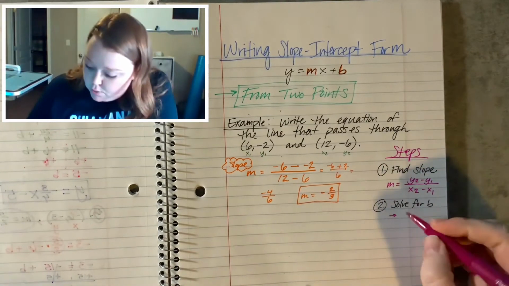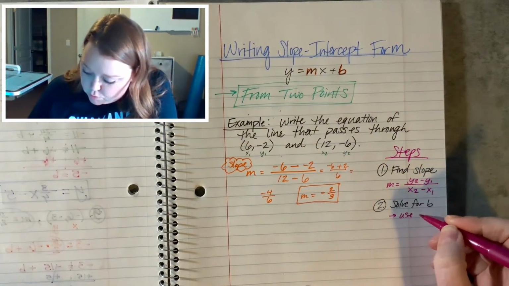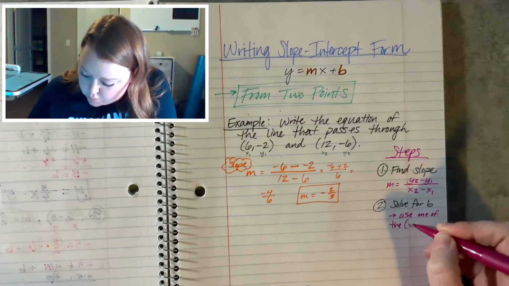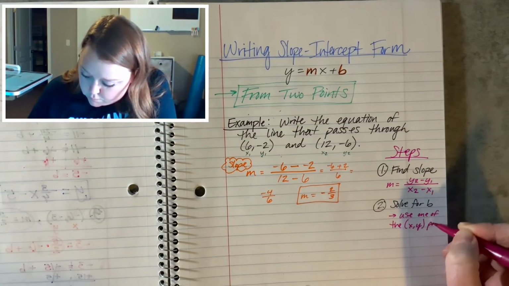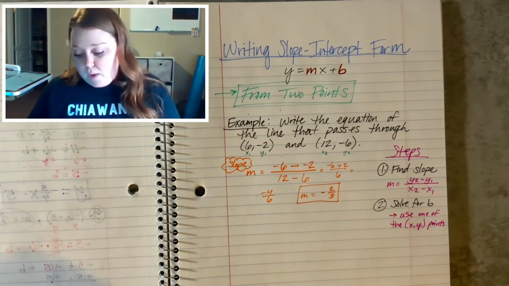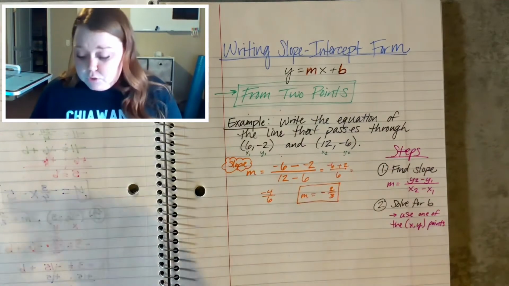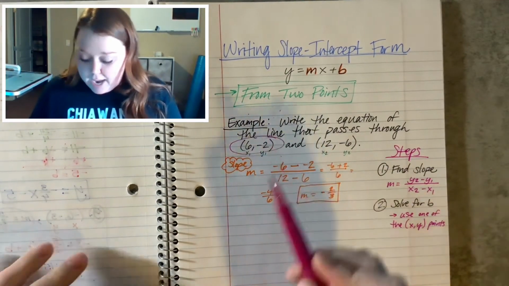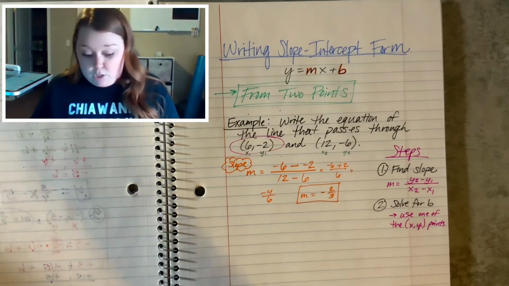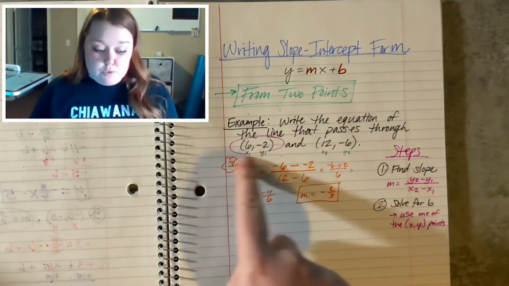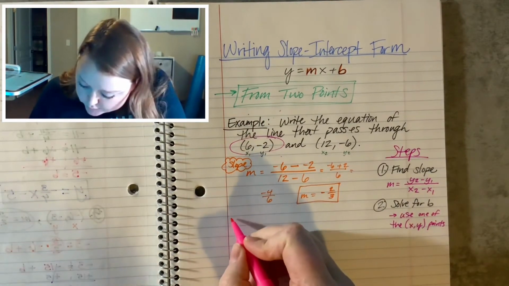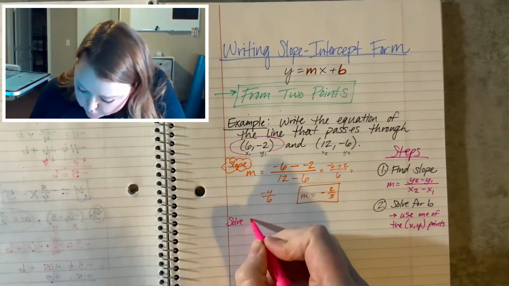So I'm just going to say use one of the xy points. It doesn't matter which one you choose. I'm just going to choose this one. I like to circle it, just to let me know that when I start plugging things in, I need to take the numbers from that ordered pair. So we'll do that next. Solve for b.